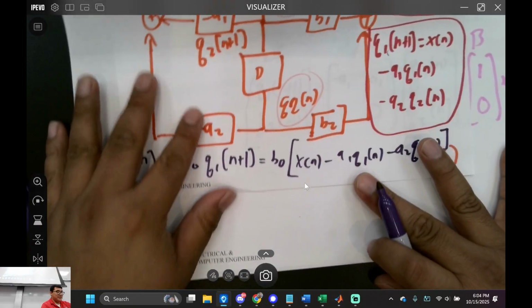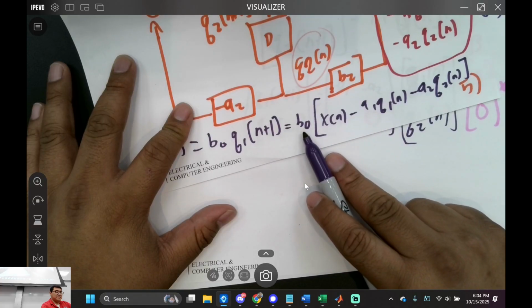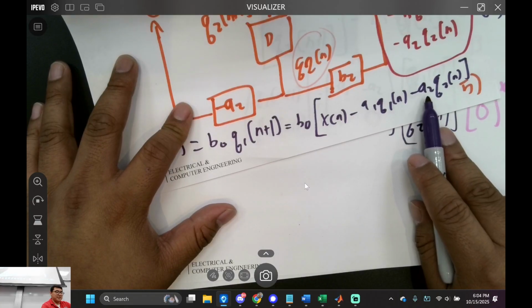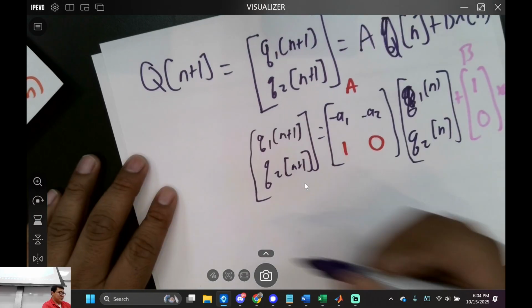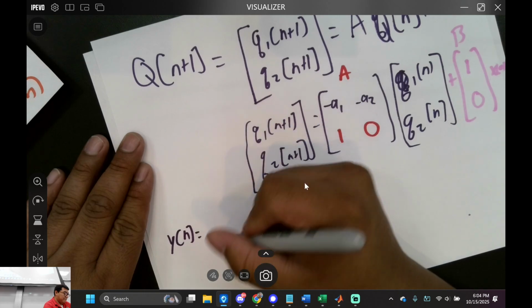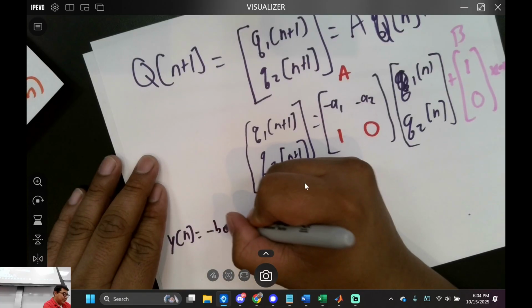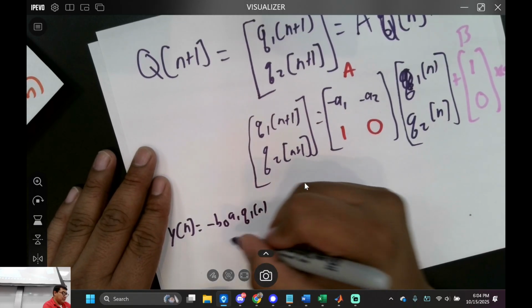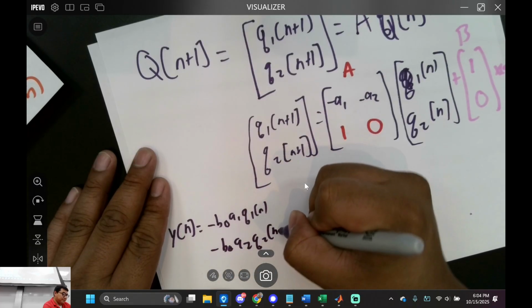Is anyone mad if I try to do the following? You see how this B0 is in everything, and you see how there's A1 there and A2 there. I'll show you what I got. Y of n is equal to minus B0 A1 Q1, minus B0 A2 Q2.